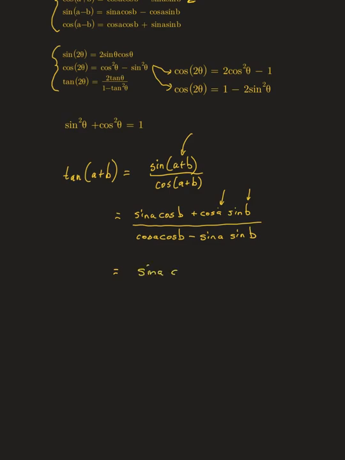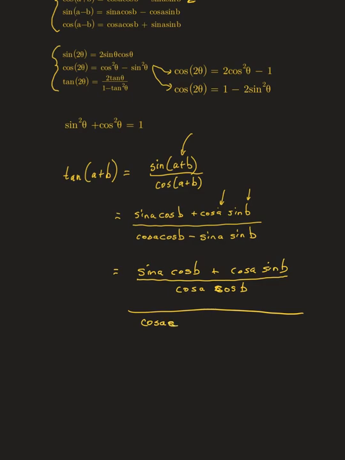So you're going to have sine A cos B plus cos A sine B, and we're going to divide that all by cosine A times the cosine of B. And that's all going to be over the bottom, the denominator, which is cos A cos B minus sine A sine B. And we're also going to divide that by cos A cos B. So if we divide the top and the bottom by the same thing, we're going to keep the equality.